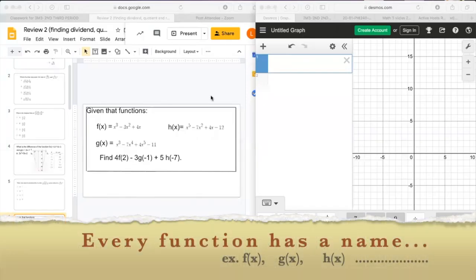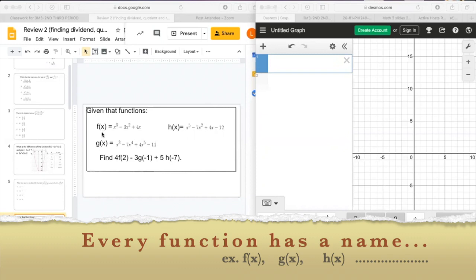This lesson is about evaluating functions. We know that functions, for example, x cubed minus 3x squared plus 4x, are actually written with a name. So of this equation, x cubed minus 3x squared plus 4x, the name of this expression is f of x.